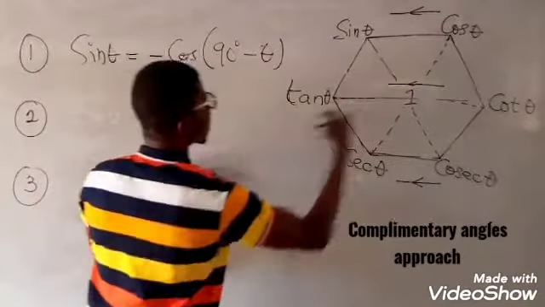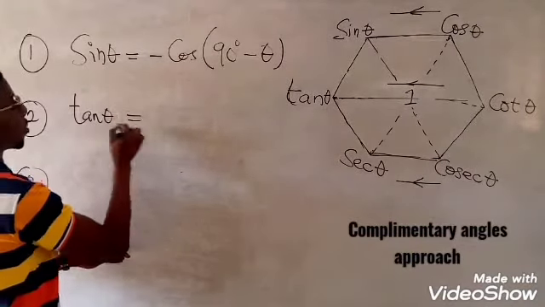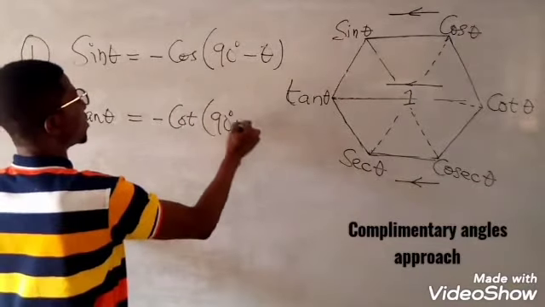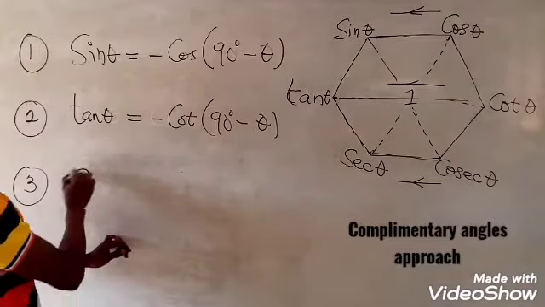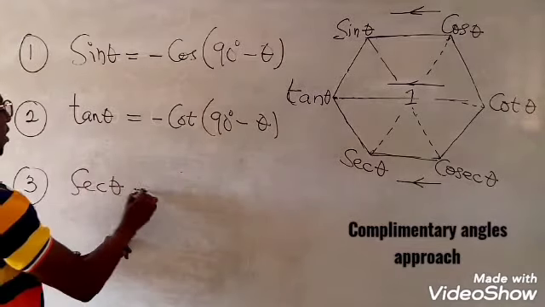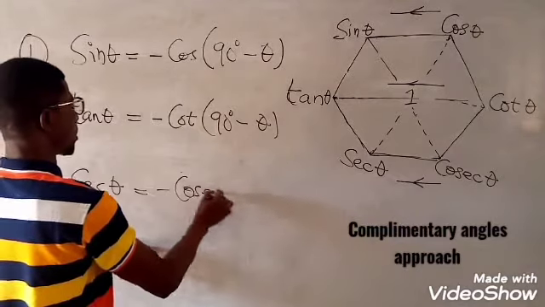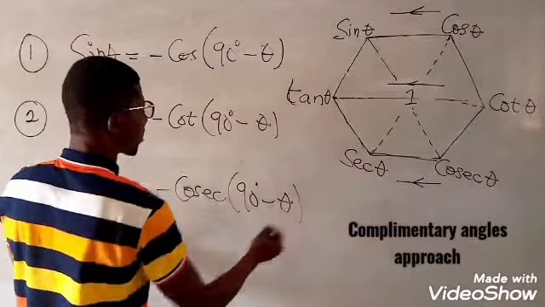Along this side, we have tan theta equals negative cot 90 degrees minus theta. And lastly, we have sec theta equals negative cosec 90 degrees minus theta.